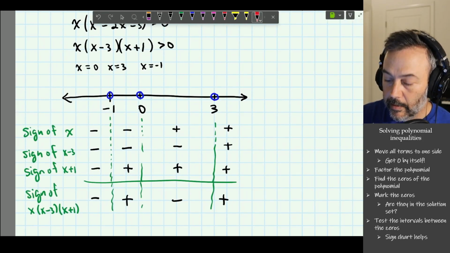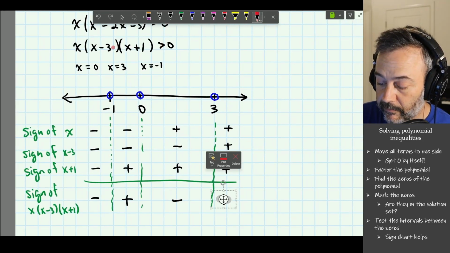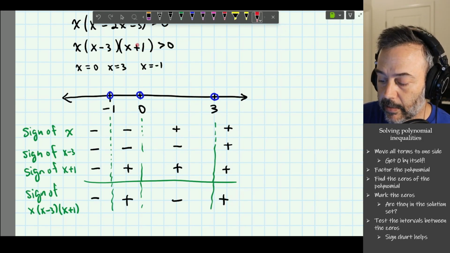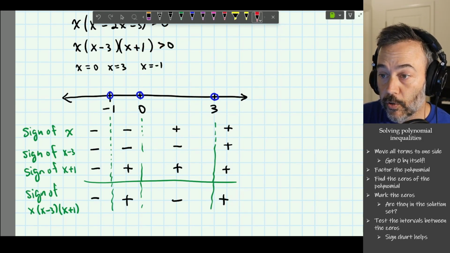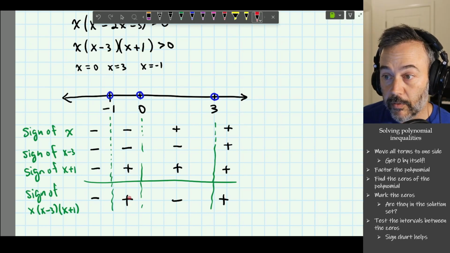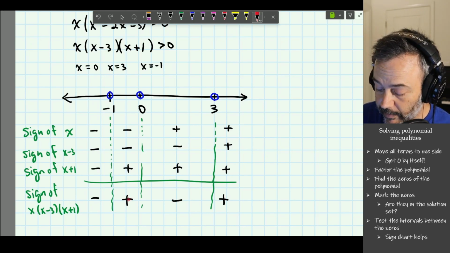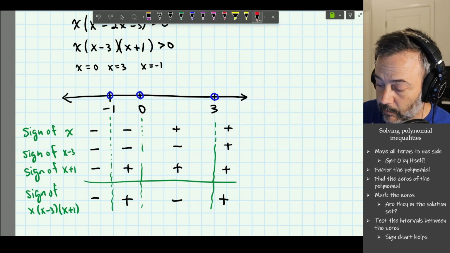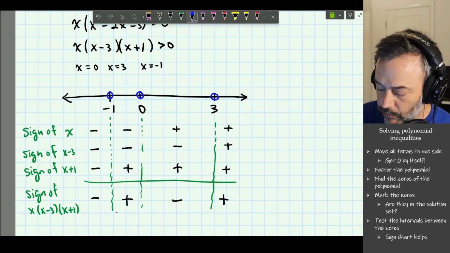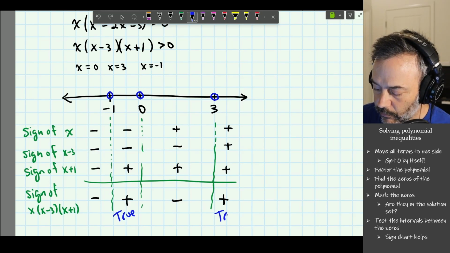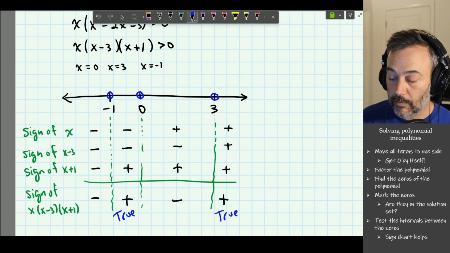Look at our inequality. We're trying to find when the left-hand side is greater than 0, so we want the intervals where the result is positive. And we can find that it is in here. So the inequality is true in this interval, and it's true in this interval to the right of 3.